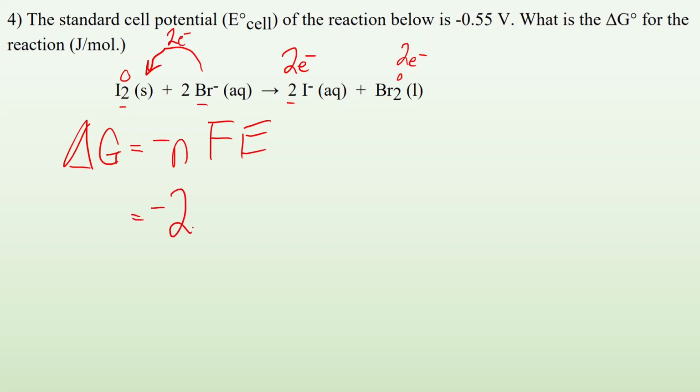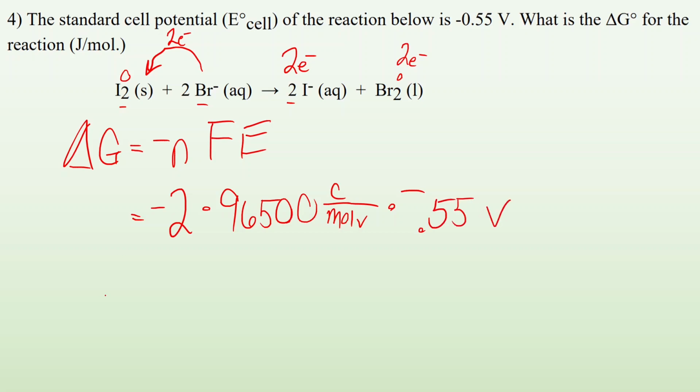So negative 2 times that 96,500 coulombs per mole volt times the voltage of negative 0.55 volts. Now when I plug and chug and get the answer, I get 106,150 joules per mole. And if I round that to sig figs and convert it, oh no, I don't need to.